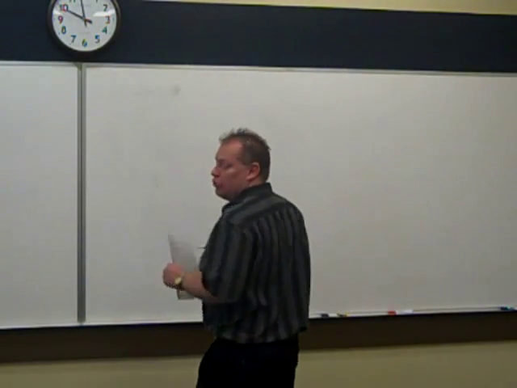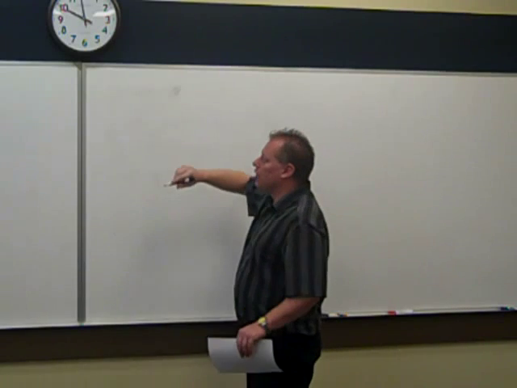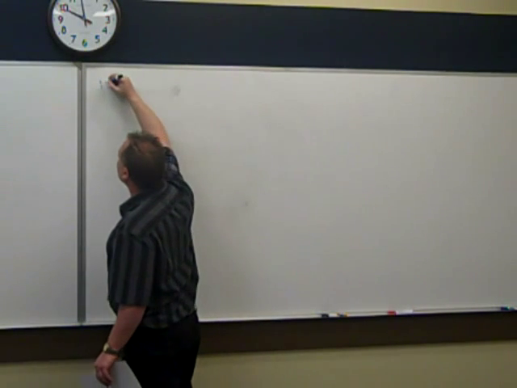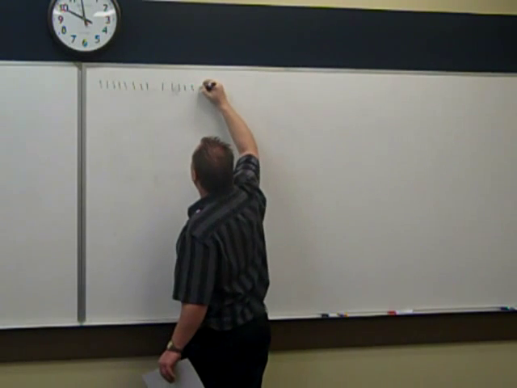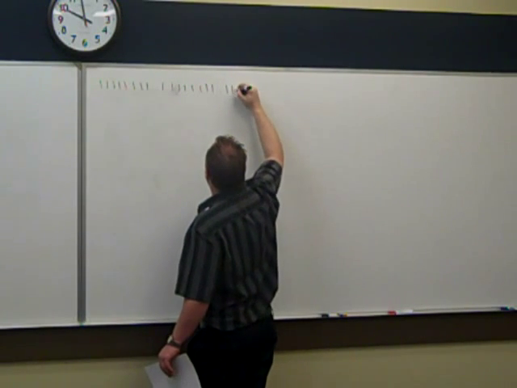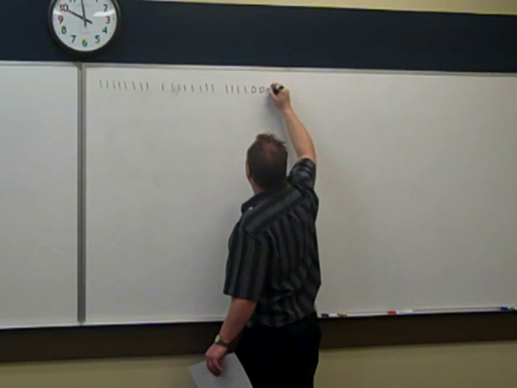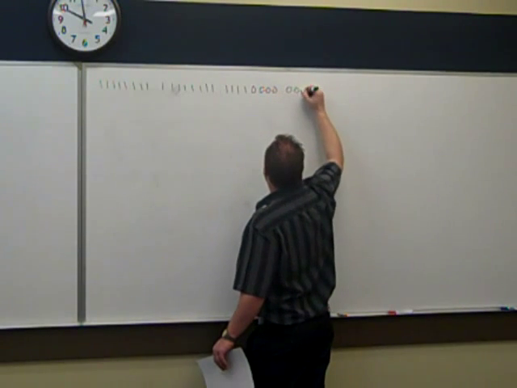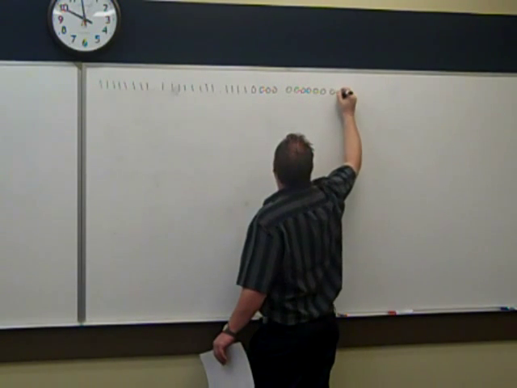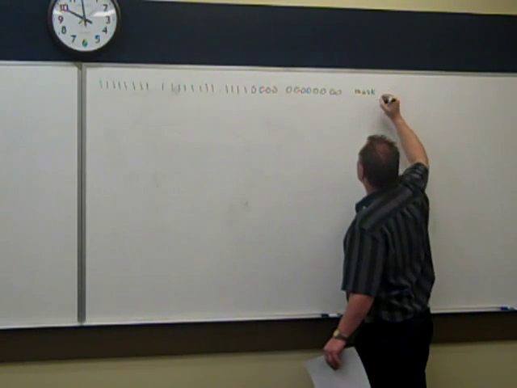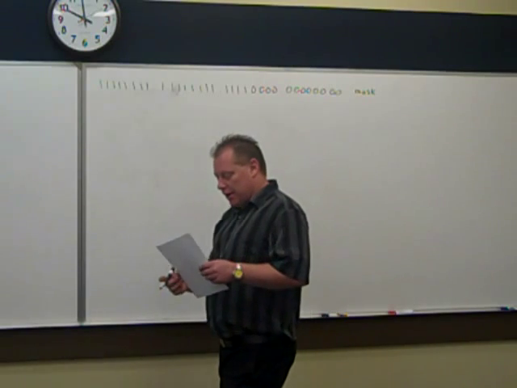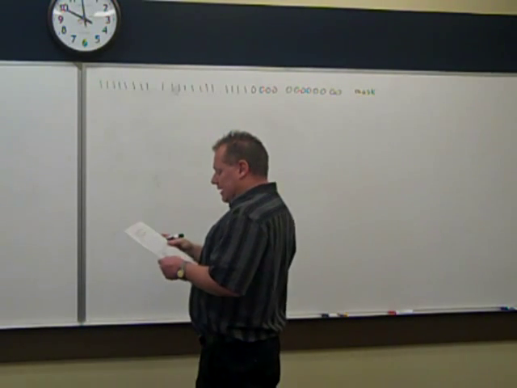Again, first step here is to show the actual new subnet mask, and we're going to convert to binary. So I'm going to get the right mask there. Now I'm going to show the 96 network ID.